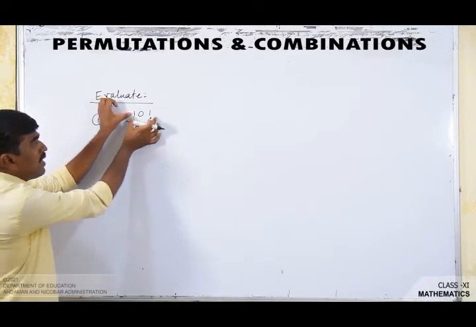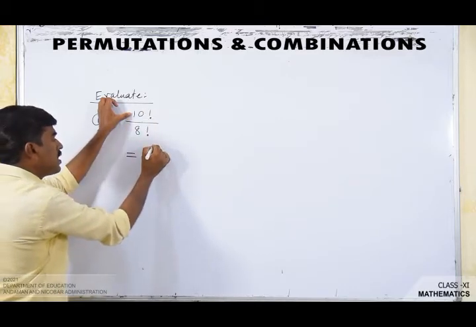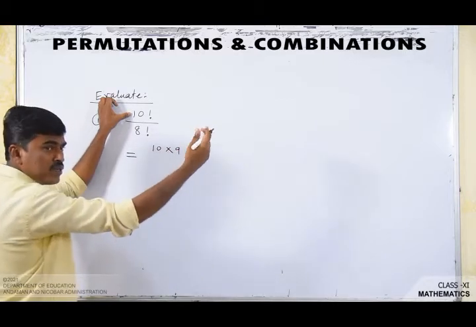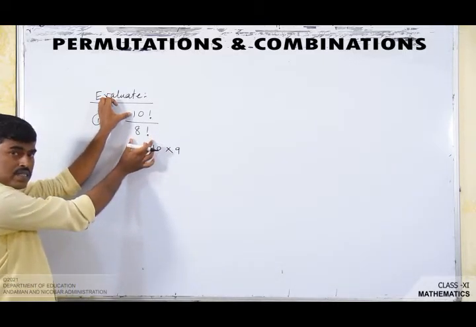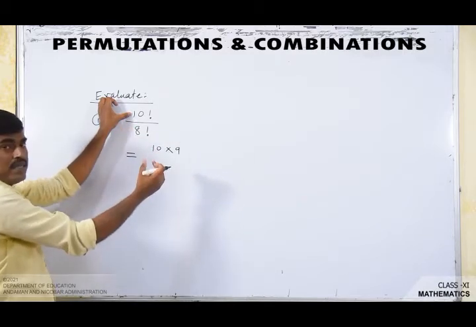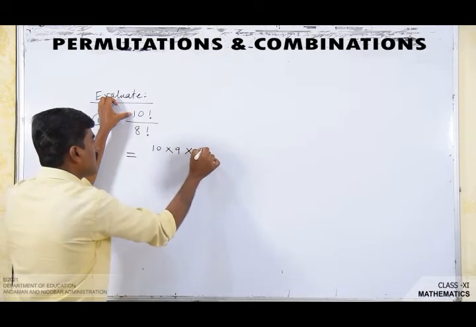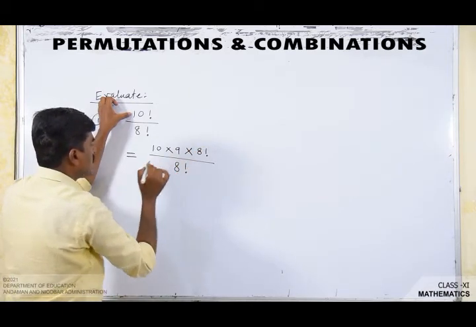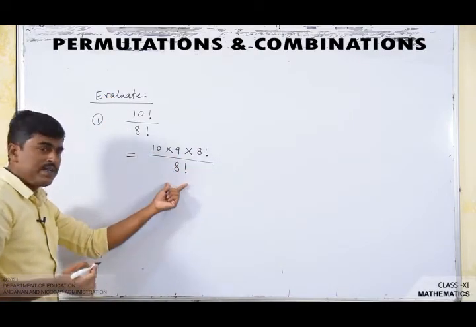So if we expand this 10 factorial, it can be written as 10 into 9 into 8 into 7 and so on. But you see in the denominator 8 factorial is there, so we can stop at 8 factorial. Now it is 10 into 9 into 8 factorial divided by 8 factorial.